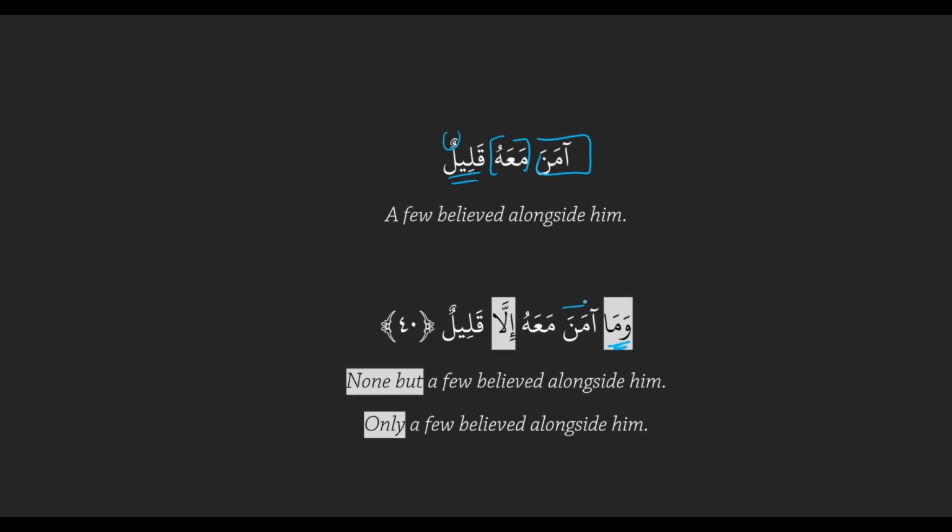Then we have our action and the ma'ahu, and then our illa, and then the doer. The translation goes from "a few believed alongside him" to "only a few believed alongside him." The "only" is talking about the doer in this case, because the doer is coming after the illa. Does it make sense?